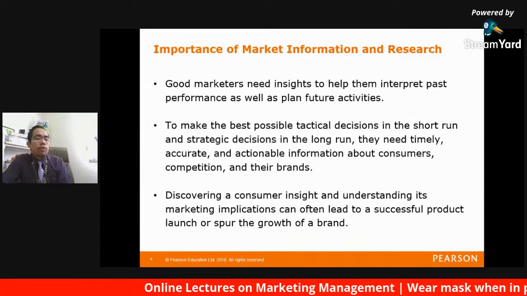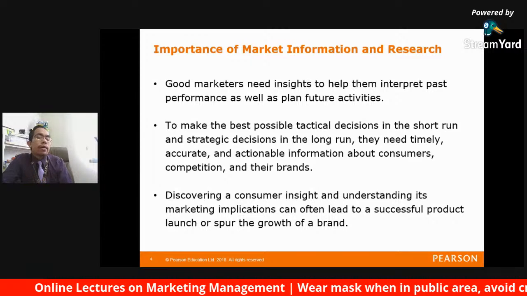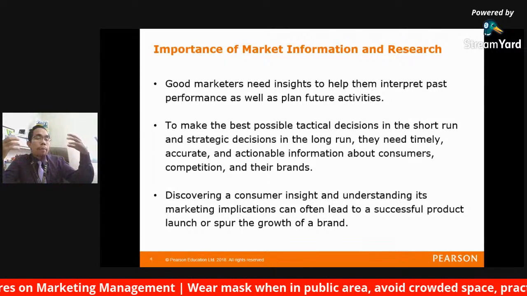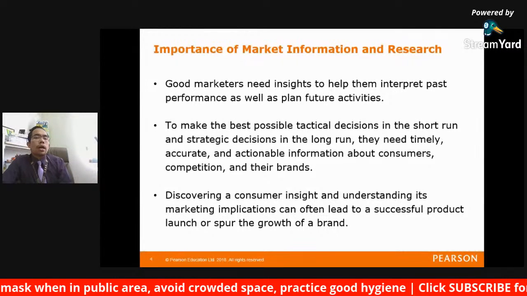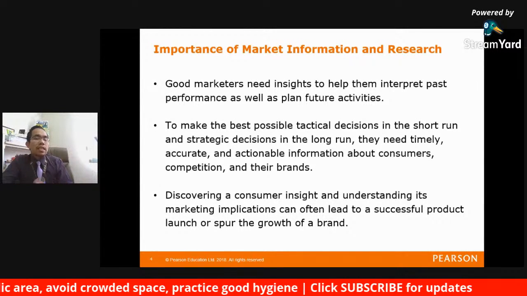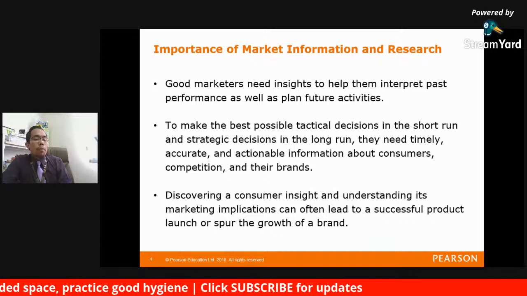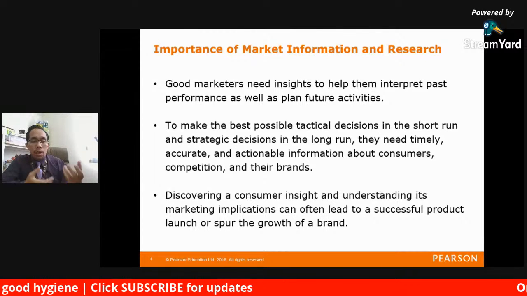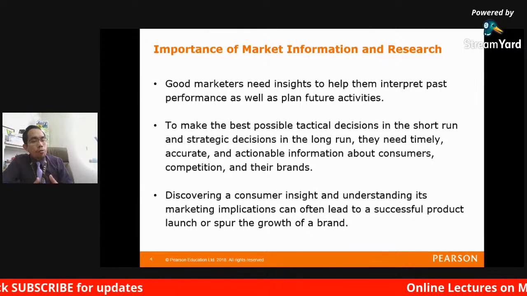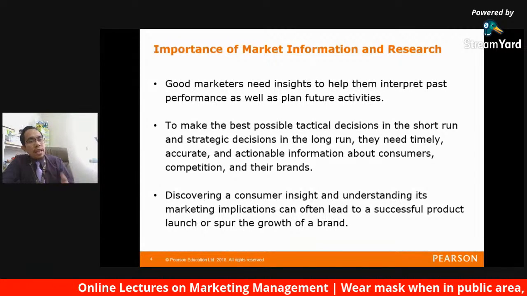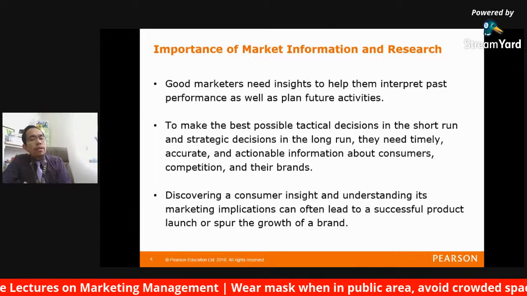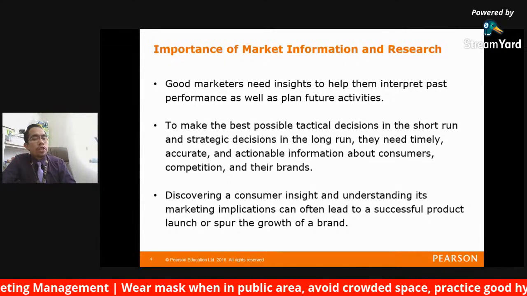From that information, we get an idea of who the people are that we are dealing with, and what their preferences are in terms of our potential or future offering. To make the best possible tactical decision in the short run and strategic decision in the long run, they need timely, accurate, and actionable information about consumers, competition, and their brand.